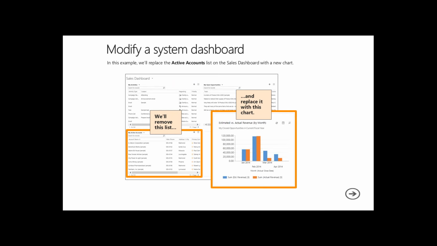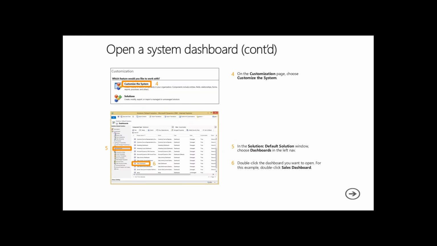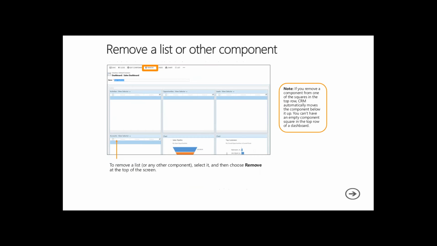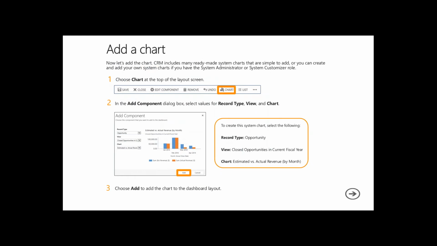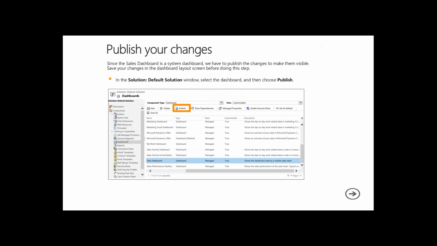And we saw how we could add a new dashboard by selecting the appropriate chart. We can also edit existing dashboards through the system customization capabilities to redefine those layouts, remove or add any lists or other components, and as we make those changes, of course, remember to publish them so that they are available and visible to our users.